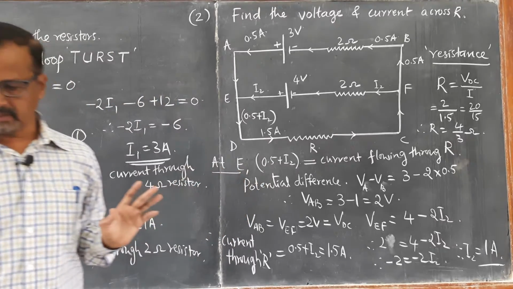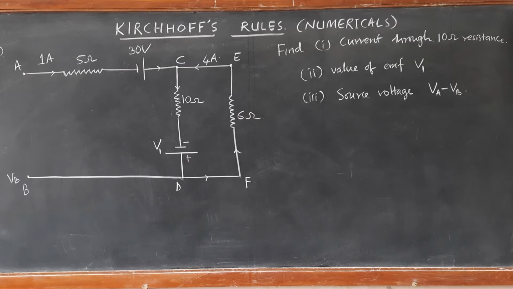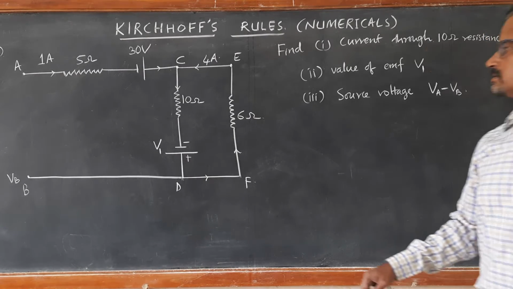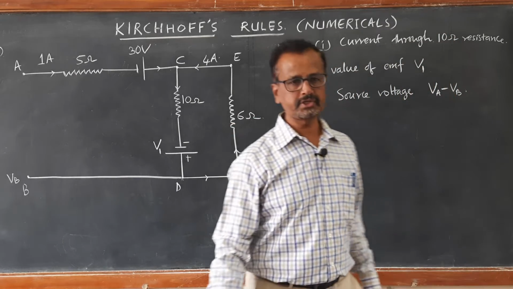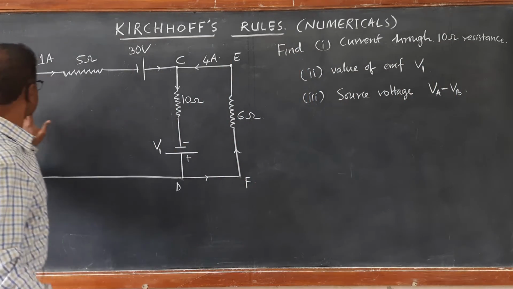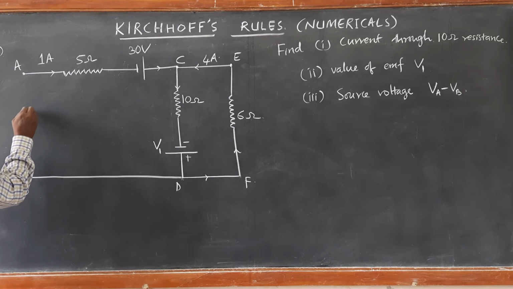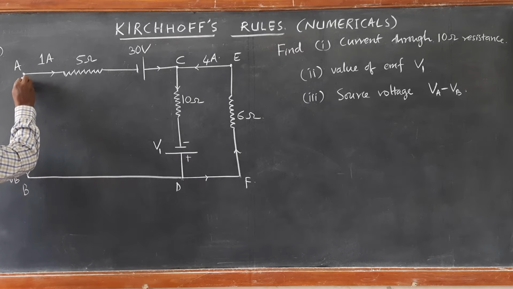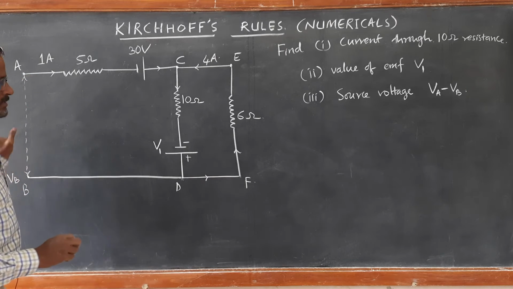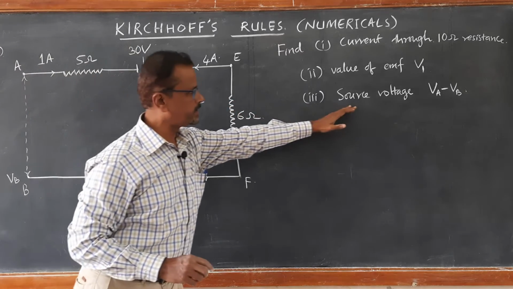Okay. Now let us solve one more different type of problem. This is another type of problem. Here is a given closed mesh. See here, between A and B there is a source, right? You are asked to find out the potential difference, the source voltage VA minus VB.